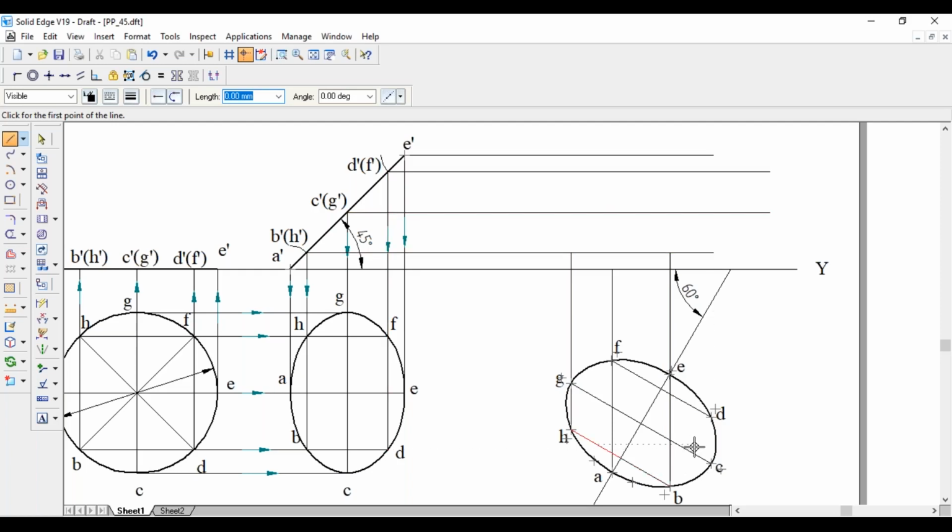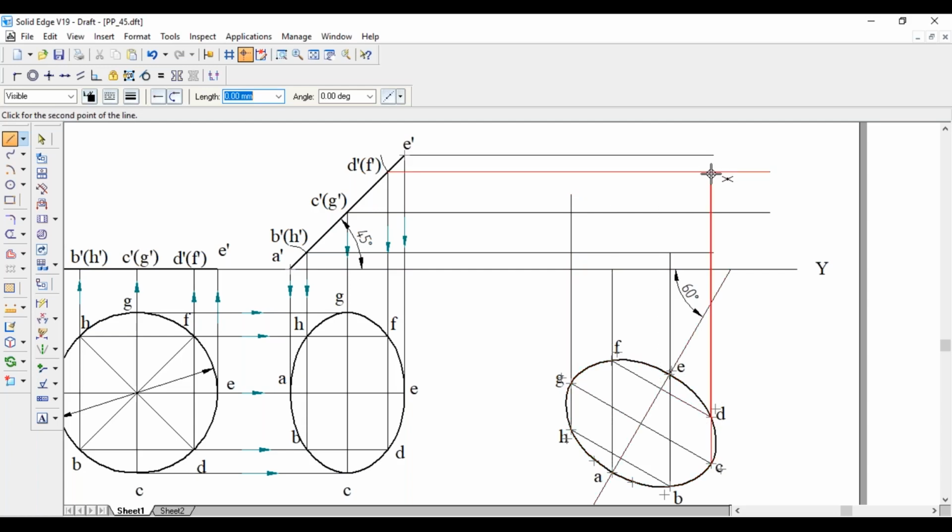C to this line. Similarly, from G to this line. Next, D and F are till this line.